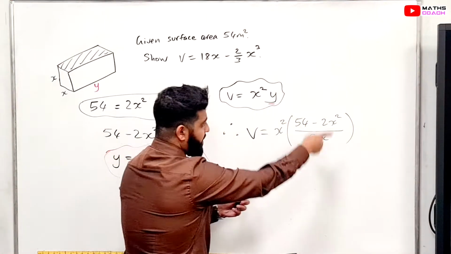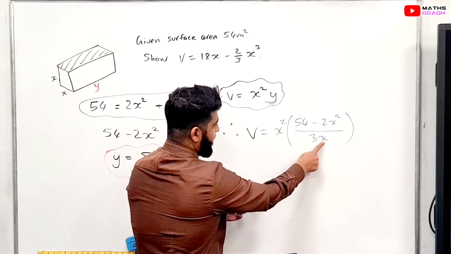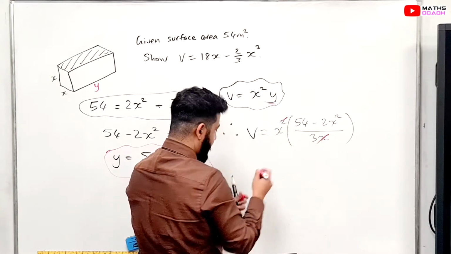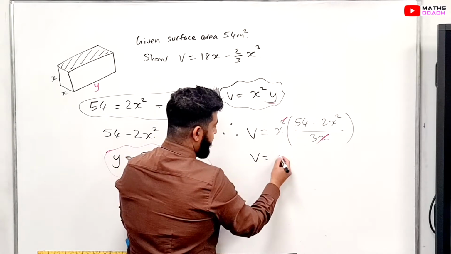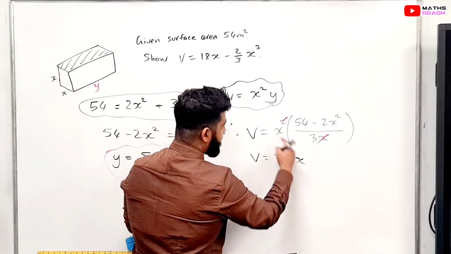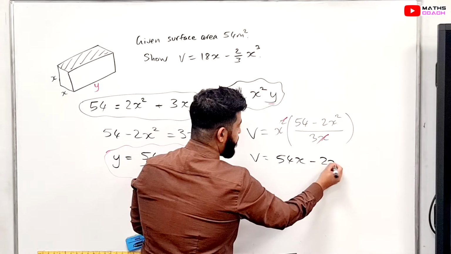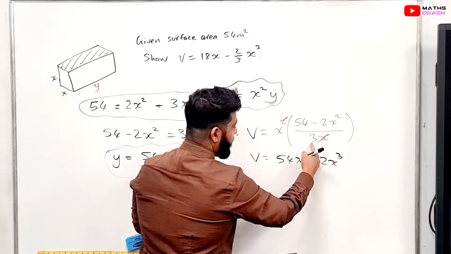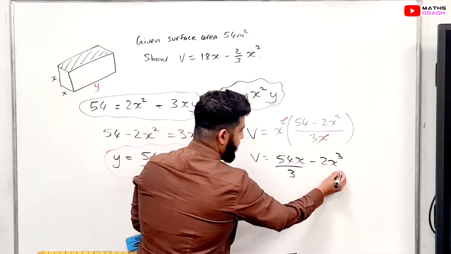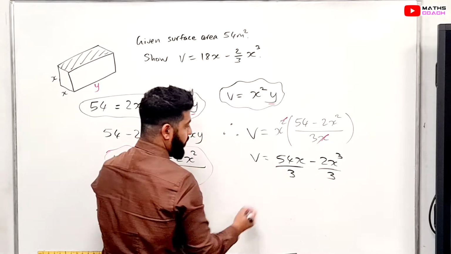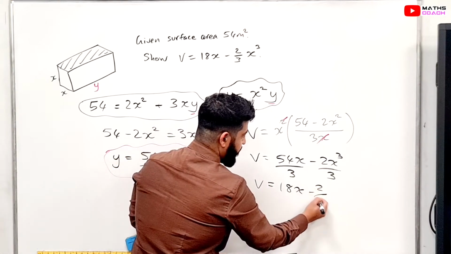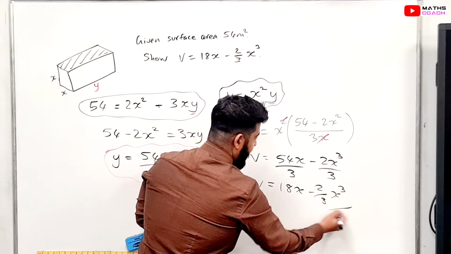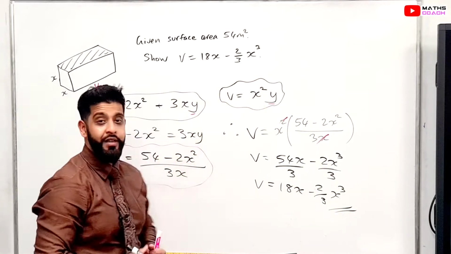Before I start multiplying out, you can see here I've got x squared and an x here, so I can cancel that, and then I can multiply this out. So I get V is equal to 54x minus 2x cubed, all over 3. Now, all over 3, I could write like this, and 54 over 3 is equal to 18x, and then I'll have minus 2 over 3 x cubed, and that is the answer that they want me to show.